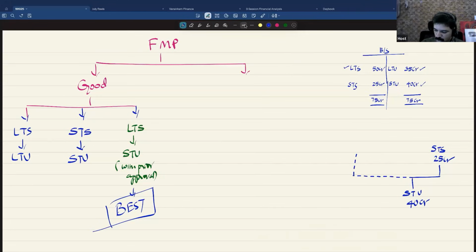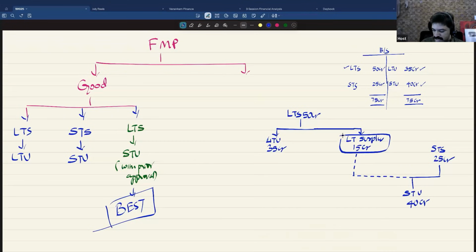If you look at their long-term source, it is 50 crore. What is the long-term use? Their long-term use is 35 crore. It means they still have a surplus. Okay. So that long-term surplus, how much? That long-term surplus is 15 crore.